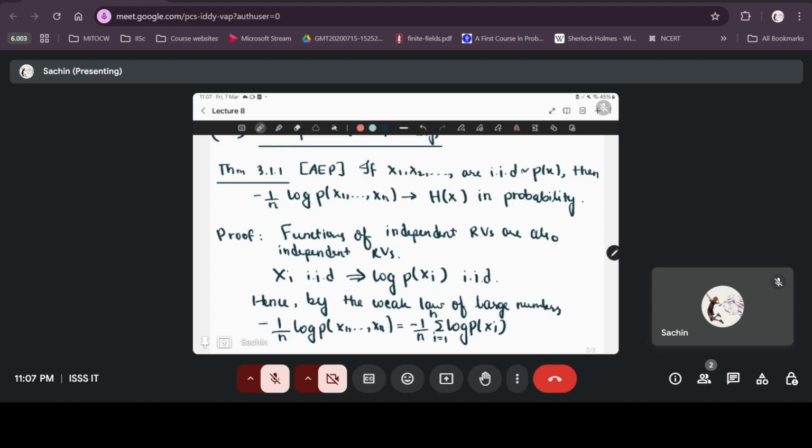And that will be close to the true entropy of the distribution H of x.